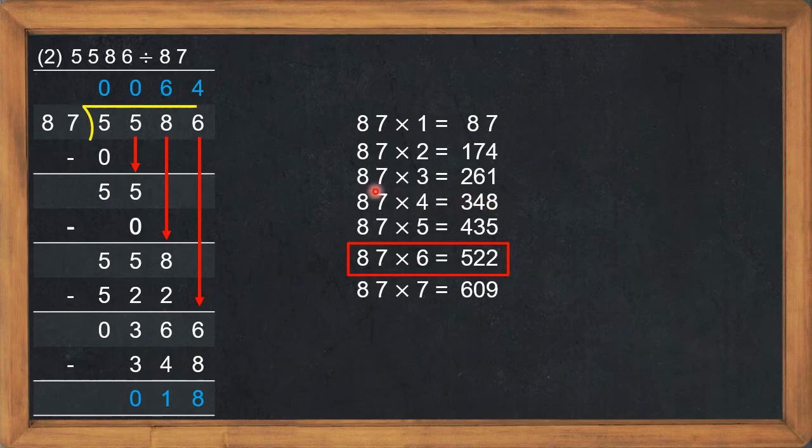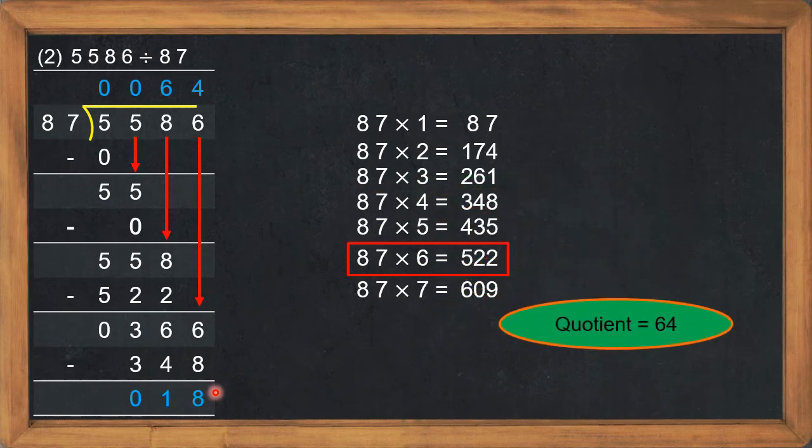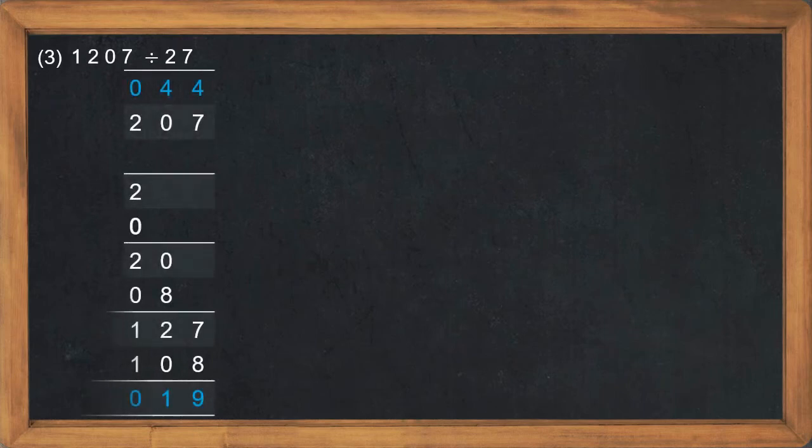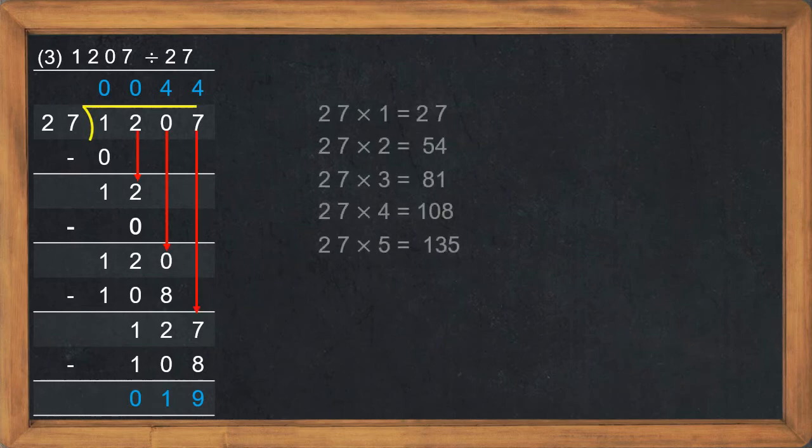So we write 4 in the quotient and we subtract 348 from 366. So we get 18 after subtraction. So here we get quotient as 64 and remainder as 18. Here one more example is shown for your better understanding.